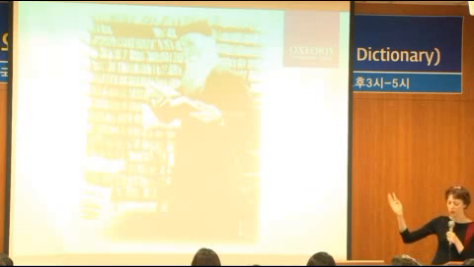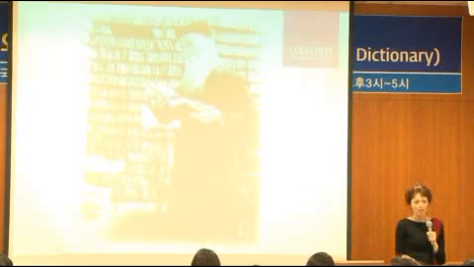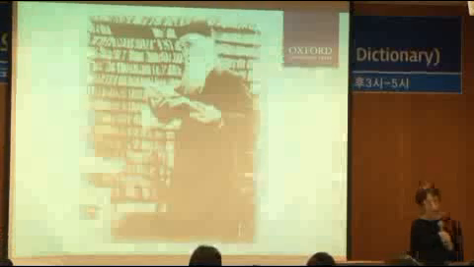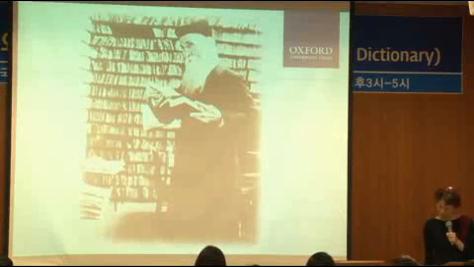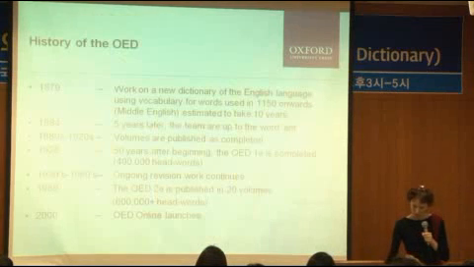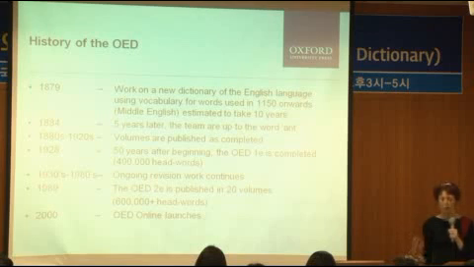Hence, you see, it's already quite old. The dictionary itself took nearly 50 years to finish, so unfortunately he died before it was ever finished. But he brought a lot of expertise from the Philological Society.